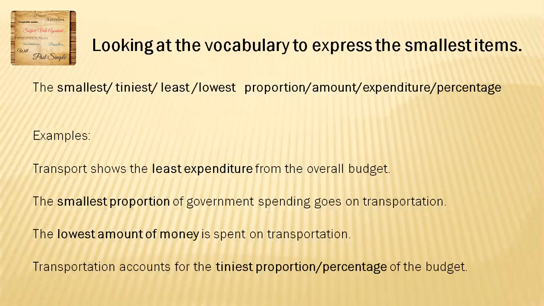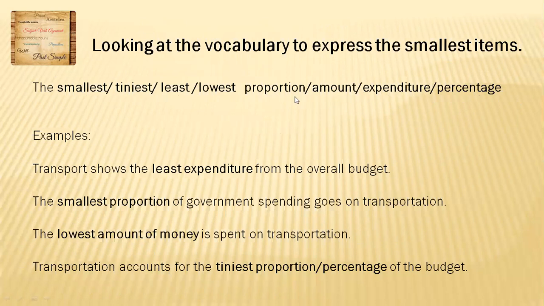Remember, countable and uncountable nouns are very relevant in this situation because they govern what kind of vocabulary we use here. Here, actually, proportion, amount, expenditure. For example, if we're talking about money, we couldn't say the number of.